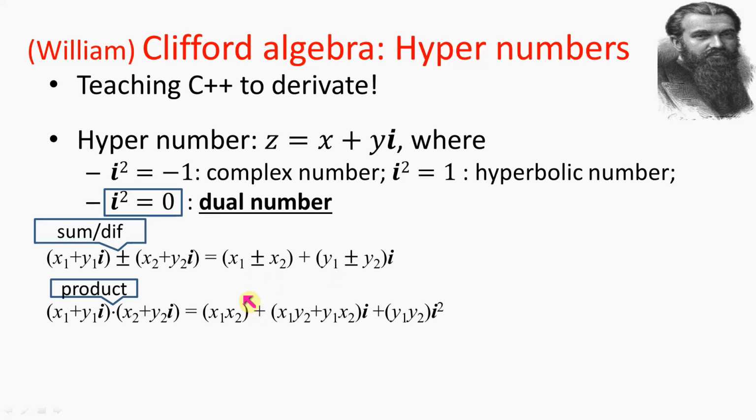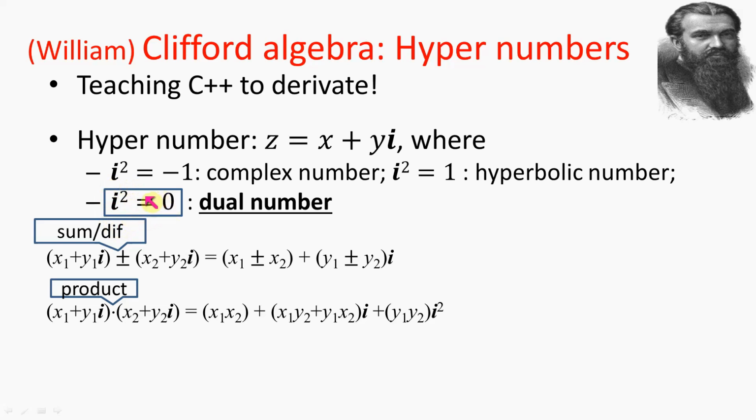Now, in order to compute derivatives automatically, we are going to assume that i square is 0. And in that case, the hypernumber is called the dual number. So i is an imaginary number, it's not a real, so it's definitely not 0, but when we compute the square of this imaginary number, the result will be 0.